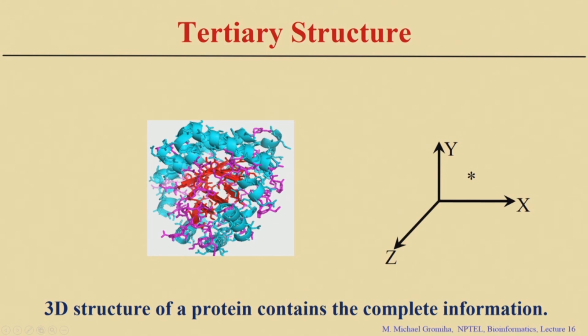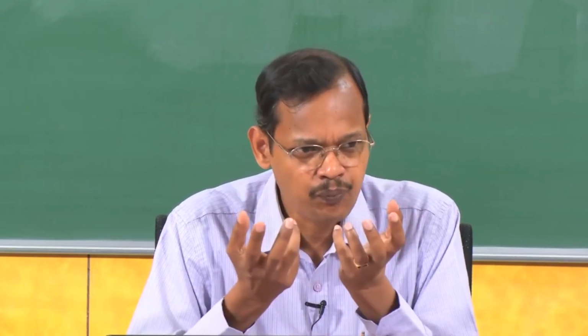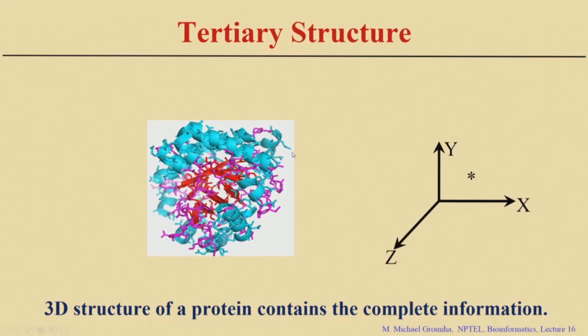Then the atoms and the residues interact with each other based on various types of interactions depending upon the residue types. Either they make electrostatic interactions or van der Waals interactions or hydrophobic interactions, and they form the unique 3D structures. When you talk about the 3-dimensional structure of a protein, it gives the atomic coordinates; say if this is an atom denoted here, it gives the information regarding x, y and z coordinates.